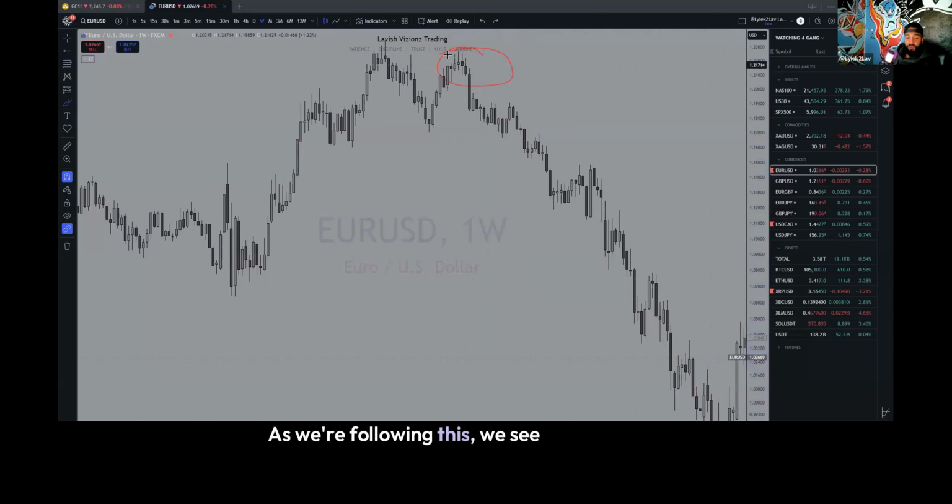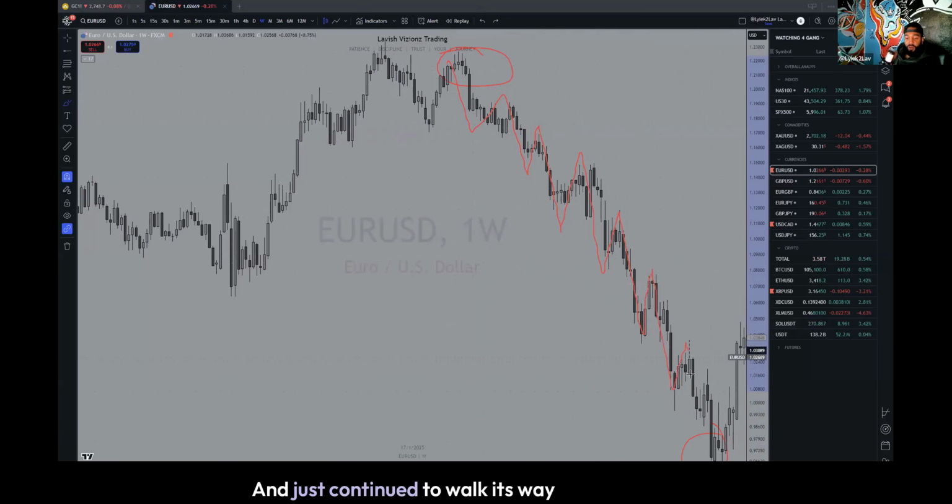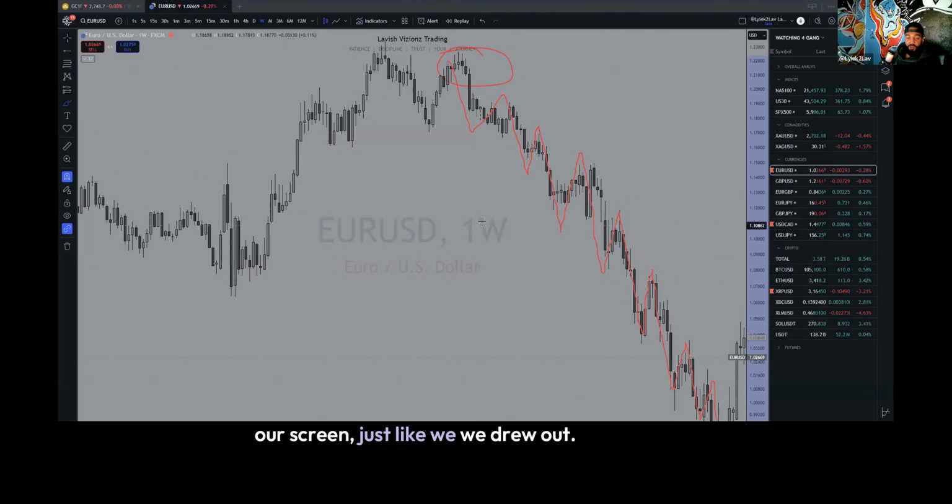As we're following this, we see there was times when it was going up, lower high, lower low, lower high, lower low, and just continue to walk its way all the way to the bottom of our screen. Just like we drew out, the candles are creating those lower highs and lower lows as we continue to fall to whatever our target is.